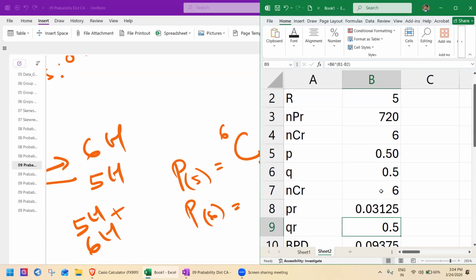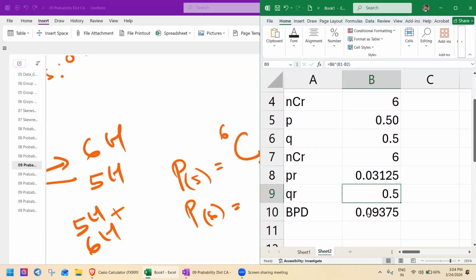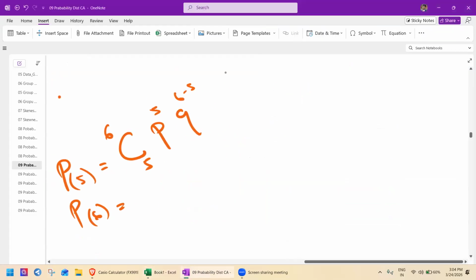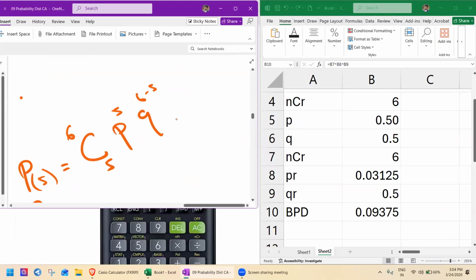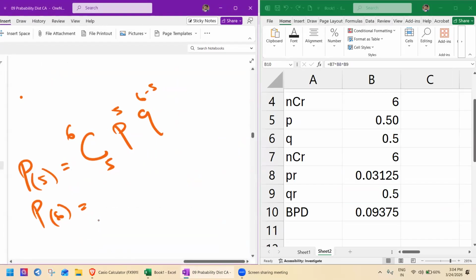Okay, fine. And the probability distribution function of P(r) is this is 0.09375.